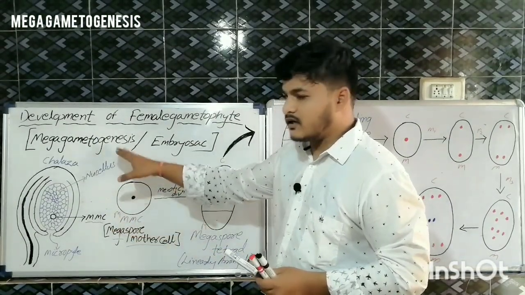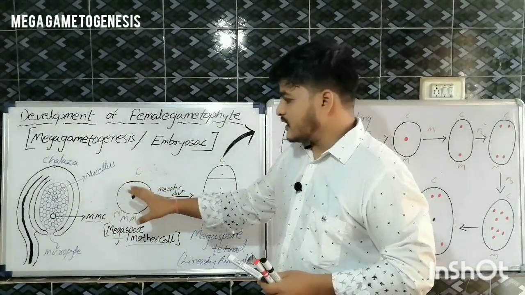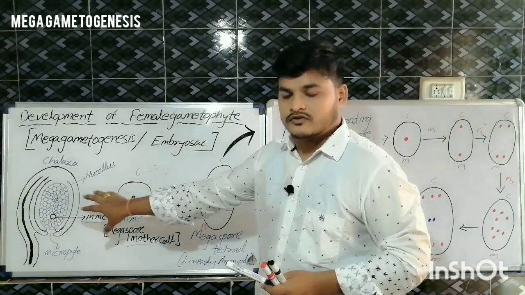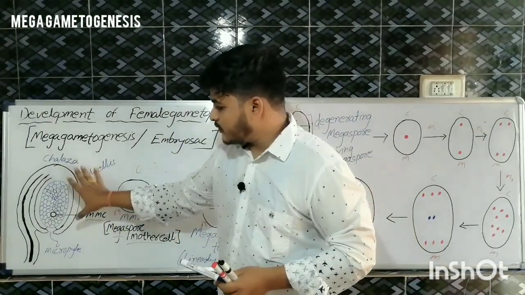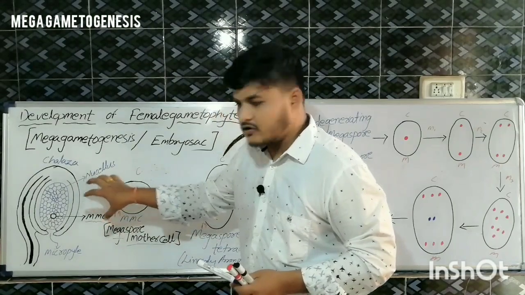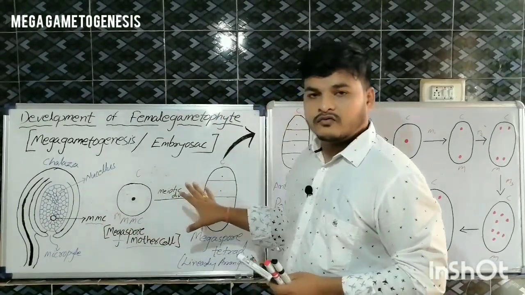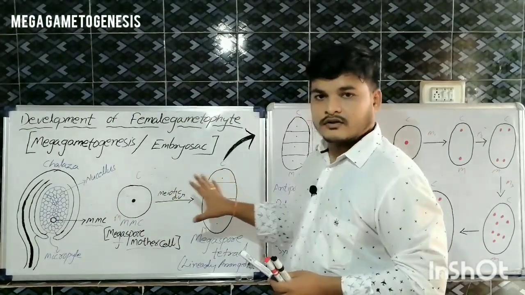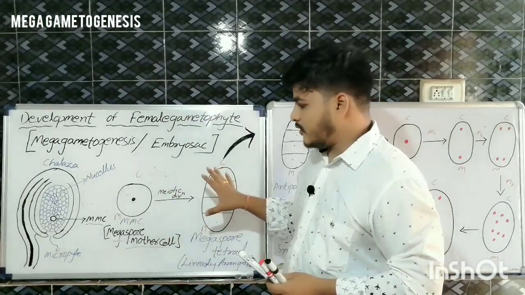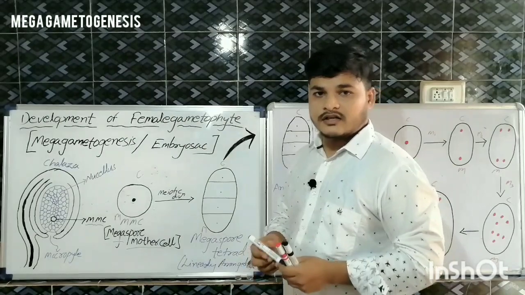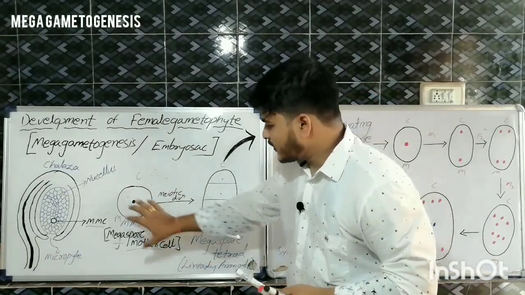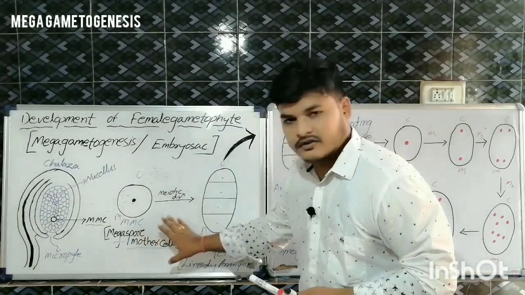The micropylar end and chalazal end differentiate the total structure and the place of each part. So whenever you draw, remember to mention the micropylar end and chalazal end. The megaspore mother cell is formed.